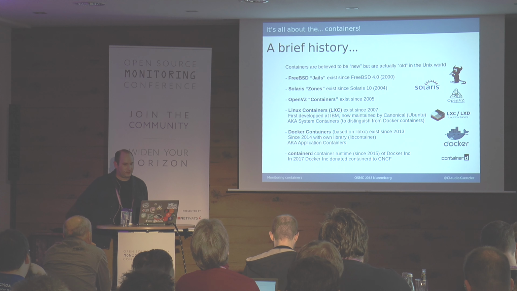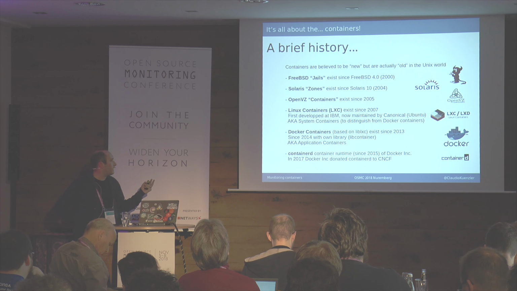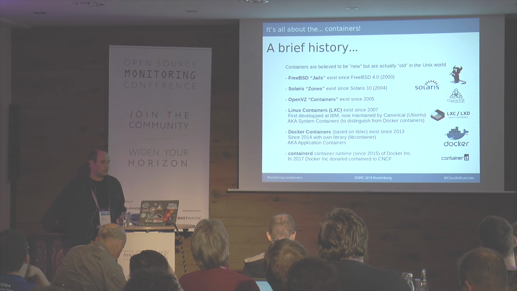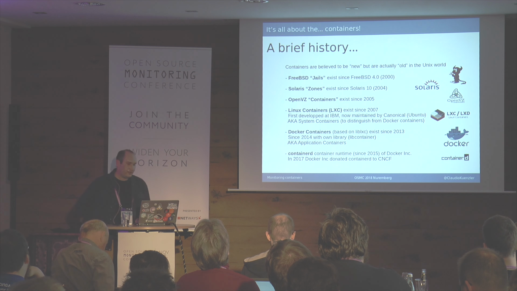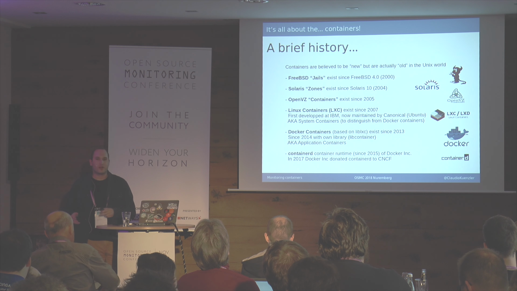A couple of years back, since they had been developing their own engine, they continuously worked on it, and out came actually containerd. And containerd is now part of the Cloud Native Computing Foundation of the Linux Foundation, and it's not part of Docker anymore.